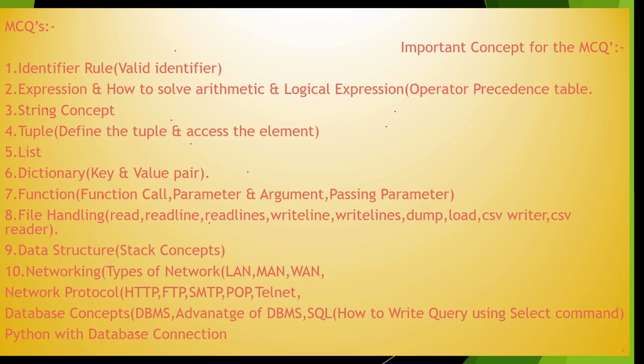Then Python with database connection. Okay, how do we connect Python with the database? For this we need a connector: import mysql.connector. First we connect Python to the database through this MySQL connector. After connecting, we create a connection object by giving the user ID and password, and the server.